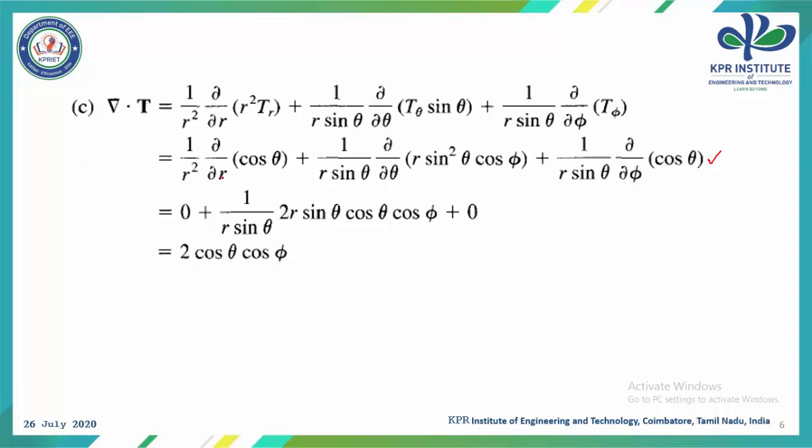So here there is no r term, so this term becomes 0. Coming to here, you want to differentiate with respect to theta, so you can take r cos pi outside. So remaining is only sin square theta. So what is the differentiation for this? 2 sin theta cos theta.